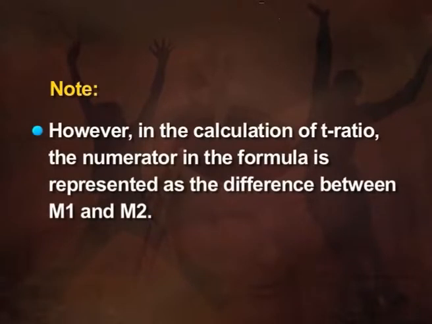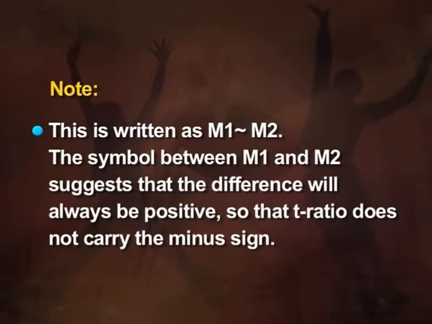However, in the calculation of t ratio, the numerator in the formula is represented as the difference between mean 1 and mean 2. This is written as m1 minus m2. The symbol between m1 and m2 suggests that the difference will always be positive, so that t ratio does not carry the minus sign.